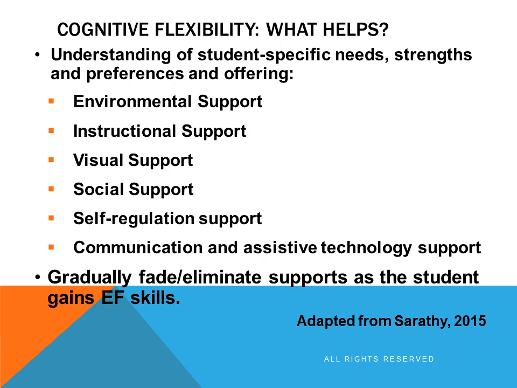It is important to think in terms of environmental support. What can you do? It is very critical that students who have cognitive flexibility issues have an environment that's always structured, with regular routines and predictability.